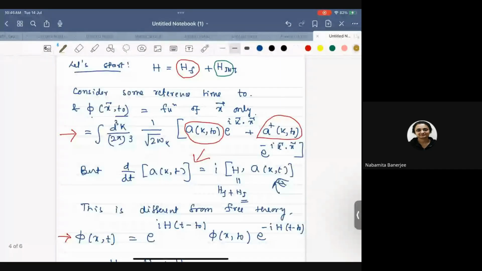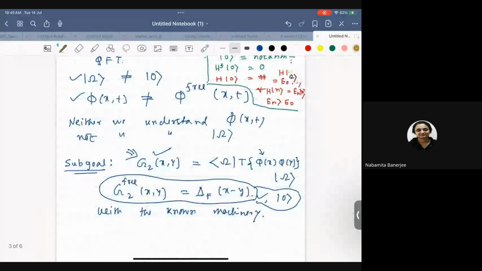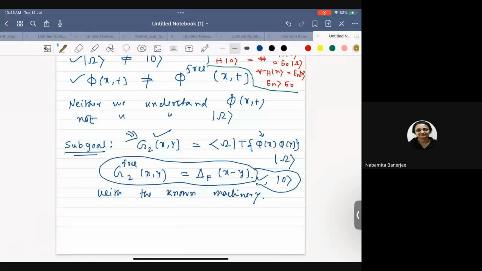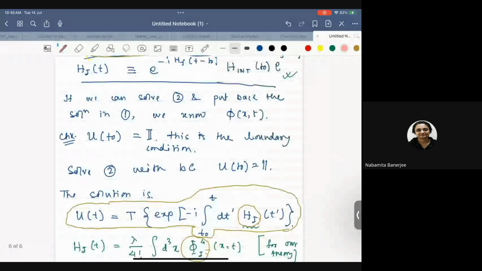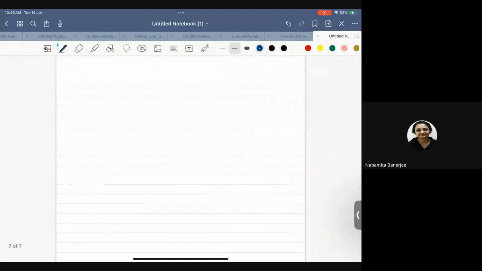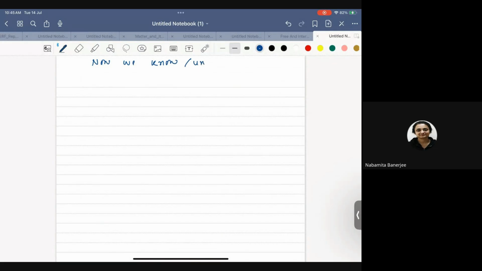Let me remind you of my sub goal again. My sub goal was to find this expression. I have been successful so far in understanding this object. After these 2-3 pages, now we know. By know, I mean we understand.